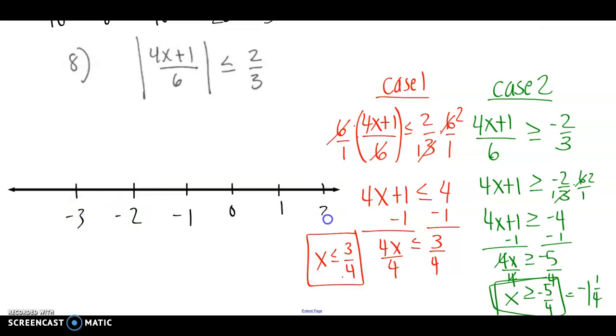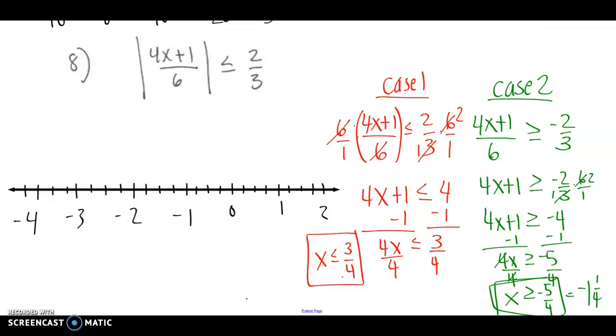I can put a couple more numbers on here. You just need to make sure that at the minimum, your boundary points show up on the graph. So x is less than or equal to 3/4. Oops, I didn't divide my number line into fourths, which I want to do. So I'm going to have 1, 2, 3 little dashes in there, which divides it into fourths.